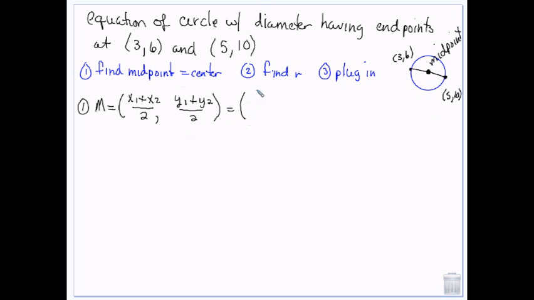So we're going to get 3 plus 5 divided by 2, and 6 plus 10 divided by 2, which gives me 8 divided by 2 and 16 divided by 2, which gives me 4 and 8. This is my center, so this is h, k.